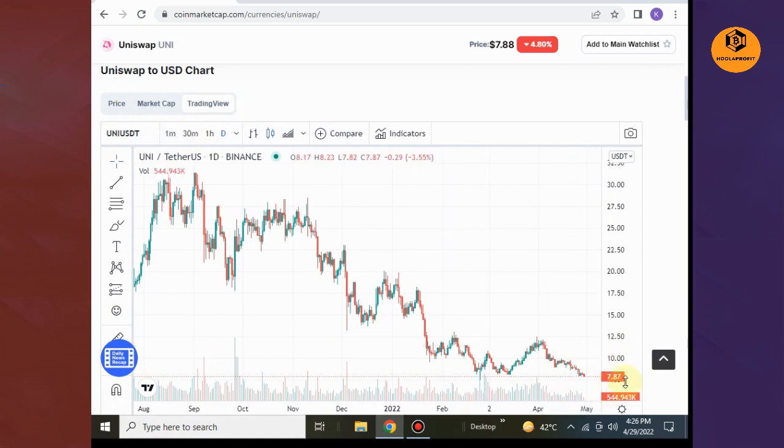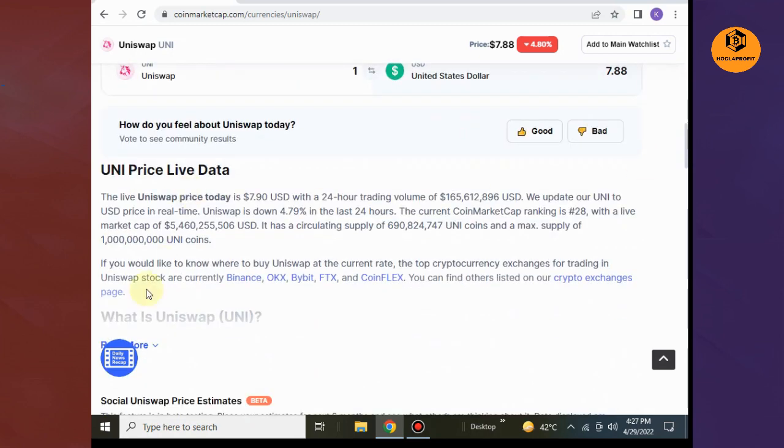You can check its price, it's now at $7.88. Here it is stated that the live Uniswap price today is $7.90, with a 24-hour trading volume of $165,612,896 USD. They are saying that they update their UNI to USD price in real time.